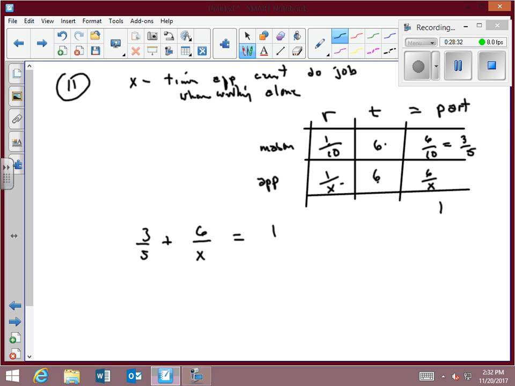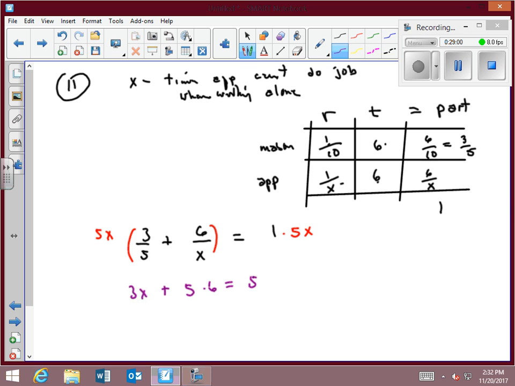I mean, I think now it's just simplifying this equation, right? Multiply both sides by the least common denominator. So 5x times 3 over 5 is 3x. 5x times 6 over x is 5 times 6, isn't it?